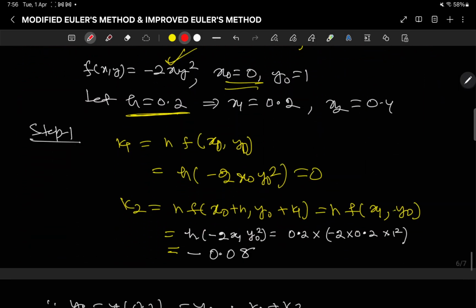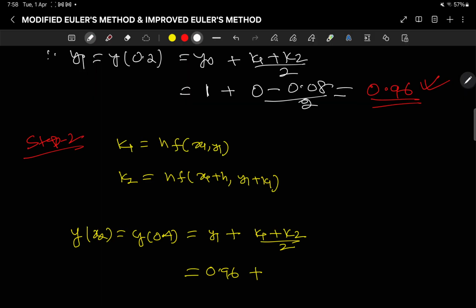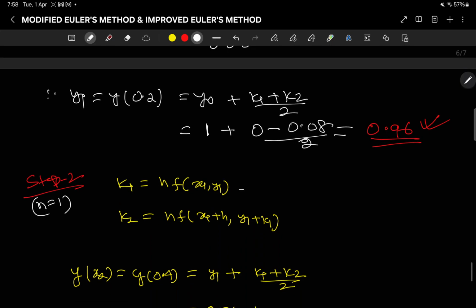Now coming to y2 here. Step 2. In step 2, n is equal to 1 here, and in the previous step n is equal to 0. Okay, so here my k1 is h into minus 2 x1 y1 square.